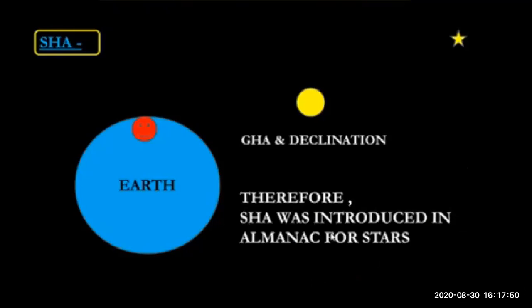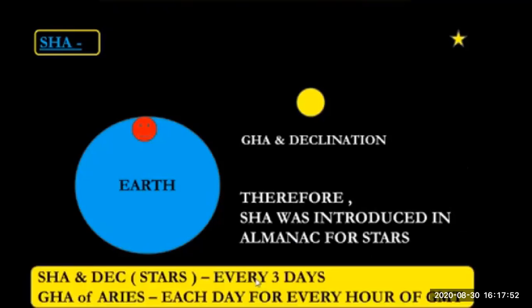Now, what is exactly this SHA? SHA and declination of stars are tabulated every 3 days. Because the change is less in the star's position, they have not put it every day, they put it every 3 days.